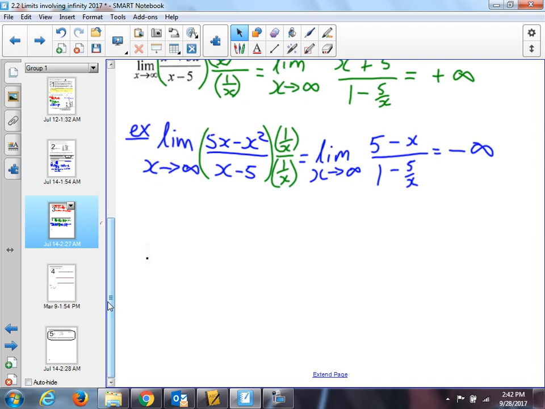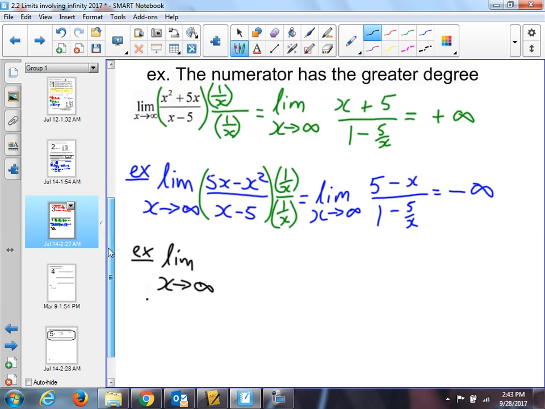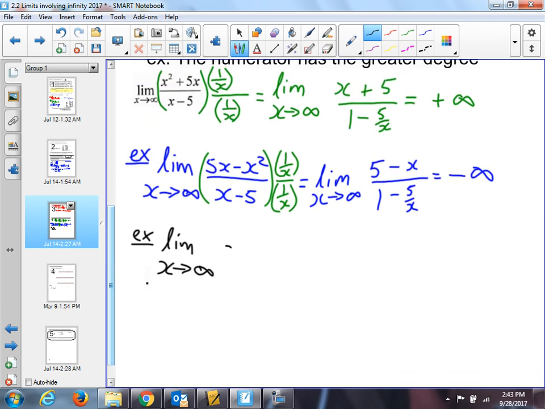Let's do one more here. x approaching positive infinity again. We'll keep x squared plus 5x again on the numerator. This time I'll change around the denominator: 5 minus x.